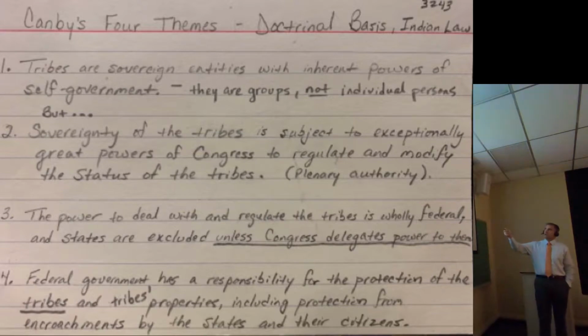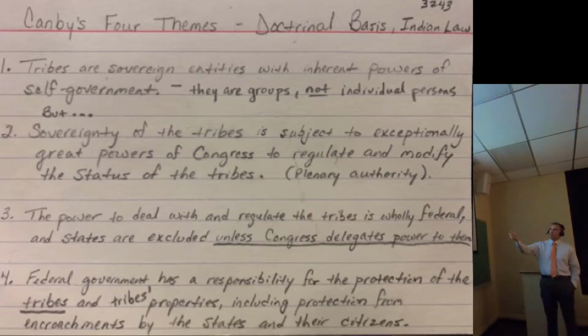They are inherently sovereign, and therefore they have a tradition of identifying as a group, and they have the right to identify as a group and the right to govern themselves. That's what the United States government considers Indian sovereignty.